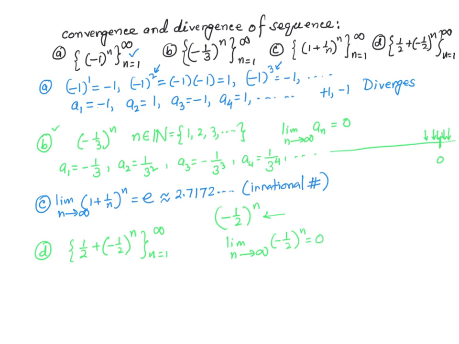As you know, this is going to be negative 1/2, positive 1 over 2 squared, negative 1 over 2 cubed, and it keeps going.